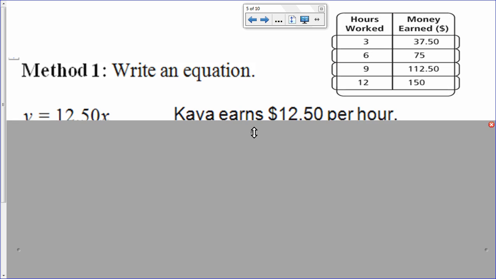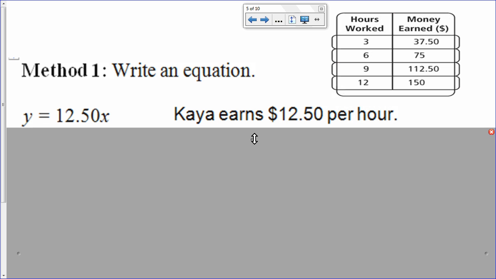You're looking for the unit rate. So you're going to take $37.50 and divide it by 3. Or you can take 75 and divide it by 6, 150 divided by 12, or 112.50 divided by 9. Either way, you should get the same answer. It should be $12.50 an hour.